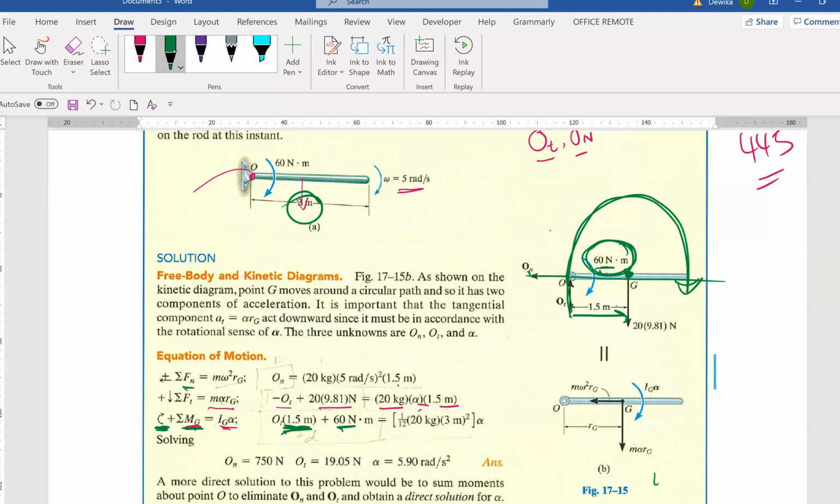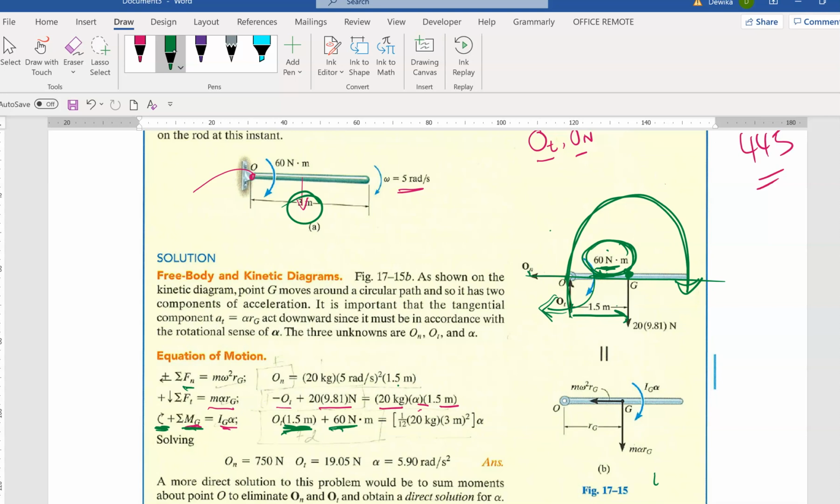In this case it will be the opposite, because this 60 is actually going this side, which is anti-clockwise. So we will take it as the opposite. It's supposed to be negative, but we will take it as positive because it's opposite.